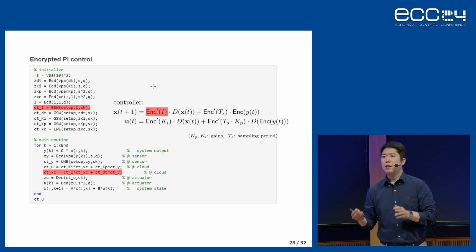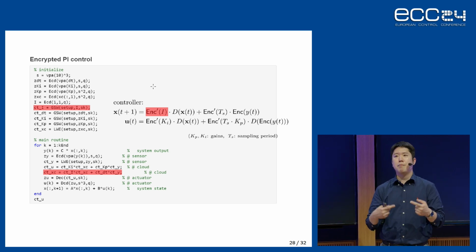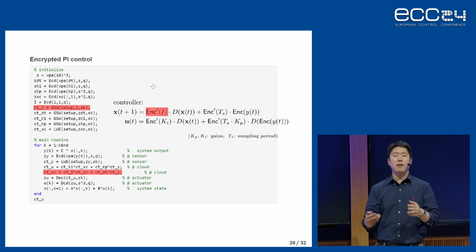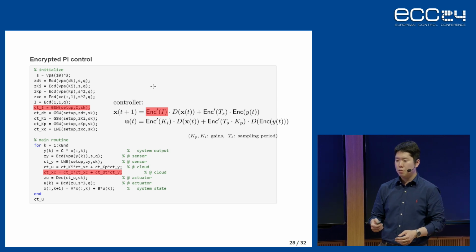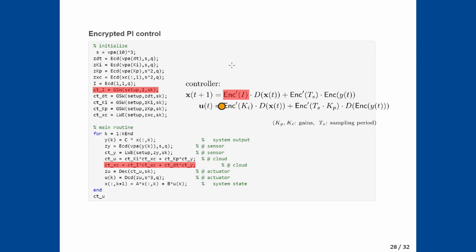And the emphasis was that GSW multiplication can be applied recursively infinitely many times. You can check this property as well. Here, given a dynamic controller, it is a PI controller, so that there is an integrator for the state part, which means that the state matrix is the identity matrix, but they consist of integers, so that you can encrypt this state matrix using the GSW encryption.